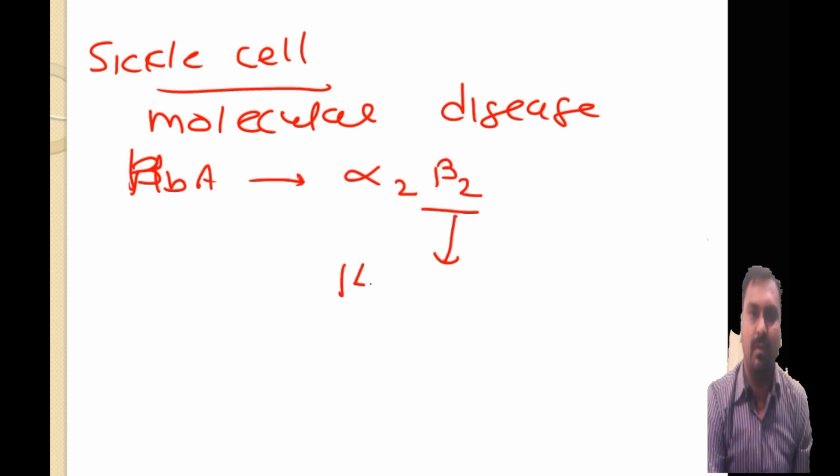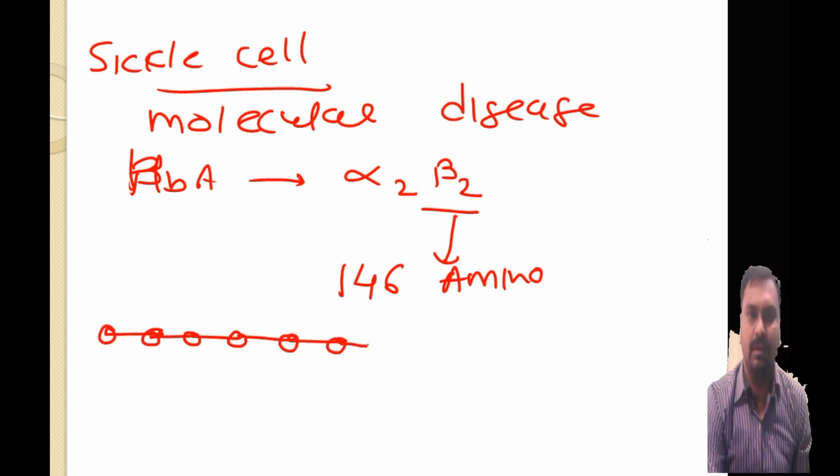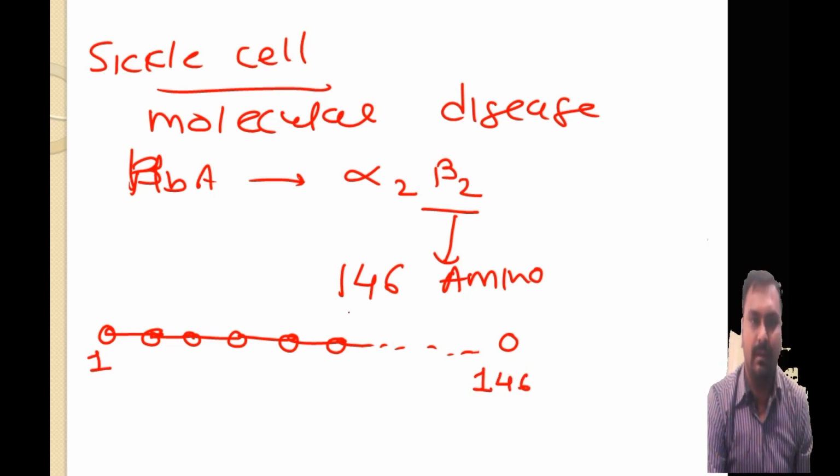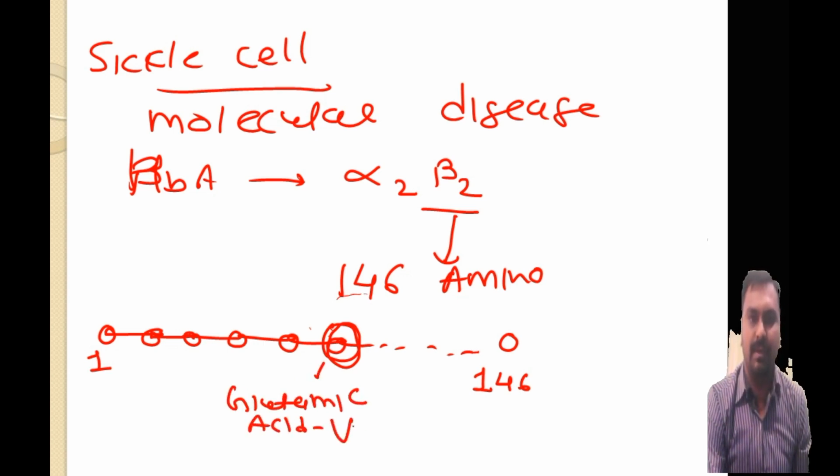This beta chain is made up of 146 amino acids, from 1, 2, 3, 4, 5, 6 up to 146. So what is the defect in sickle cell? At the 6th position, normally there is glutamic acid, which is replaced by the amino acid valine.